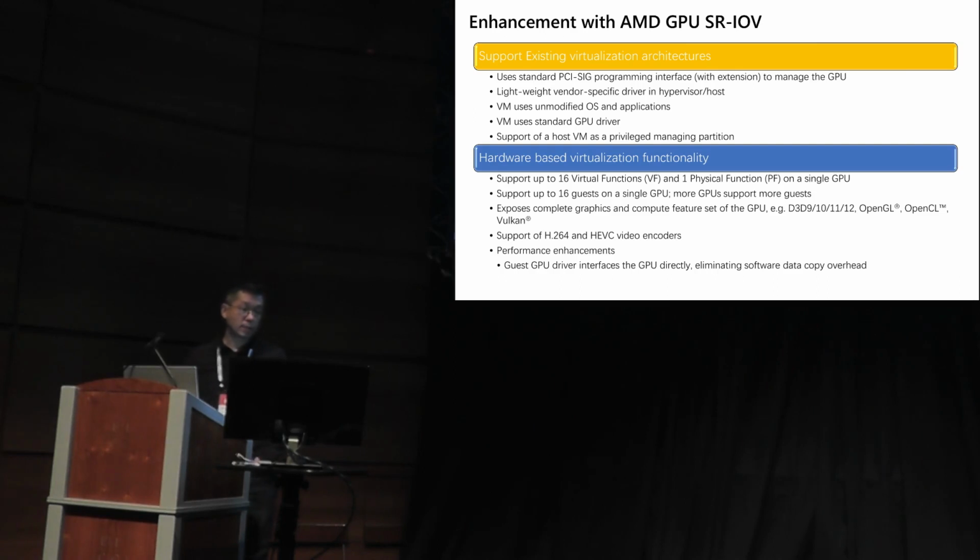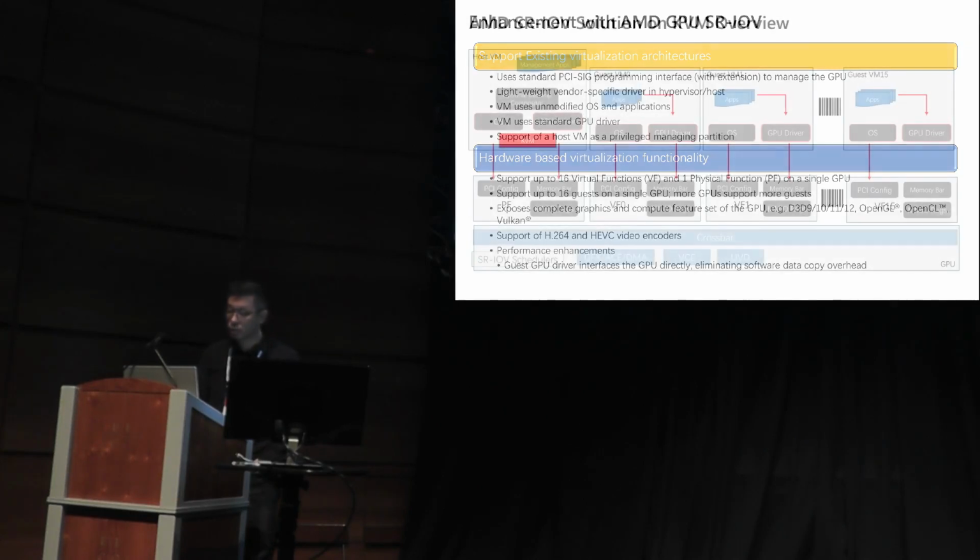Performance-wise, the guest driver interacts with the GPU directly without any software layer interactions. So it eliminates all of the software data copy overhead that we encounter in traditional virtualization solutions.